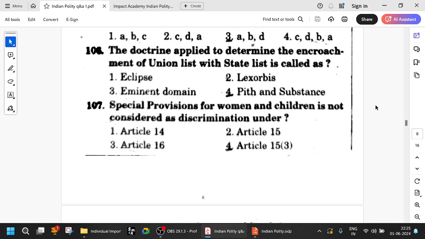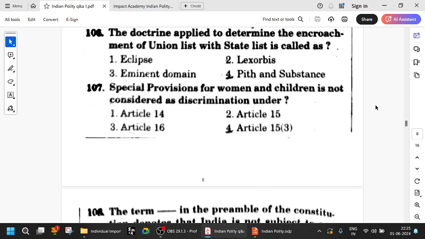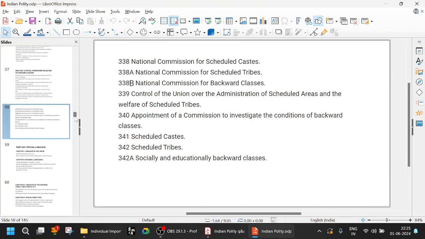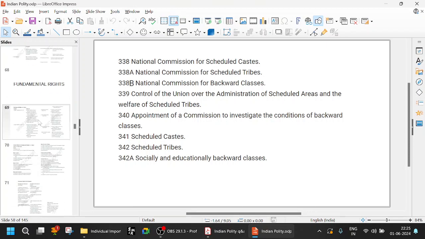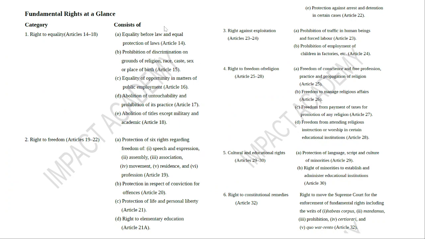So special provisions for women and children are not considered as discrimination. See, Article 14 is right to equality and equal protection of laws. Article 15 is prohibition of discrimination on grounds of caste, gender, sex, etc. 16 is regarding employment. If you look at the fundamental rights, it's very basic. 14 is equality before law, equal protection of law.